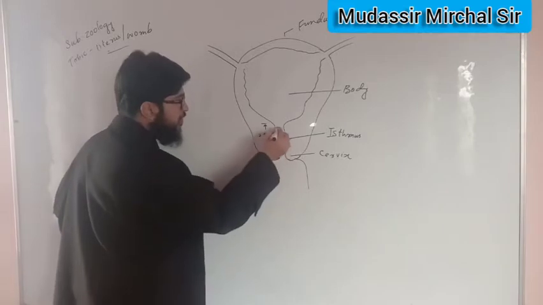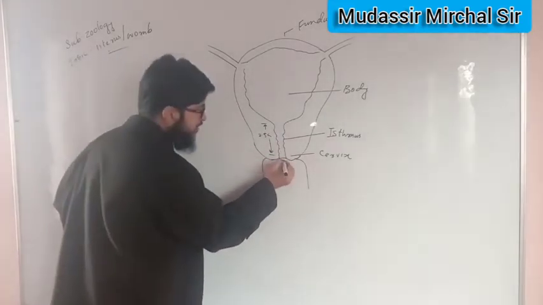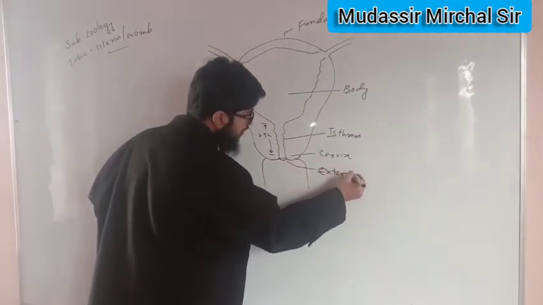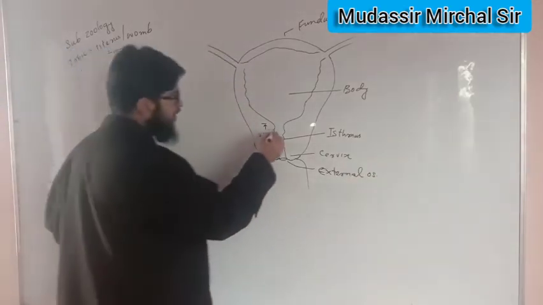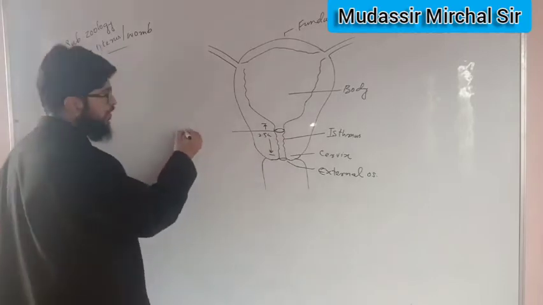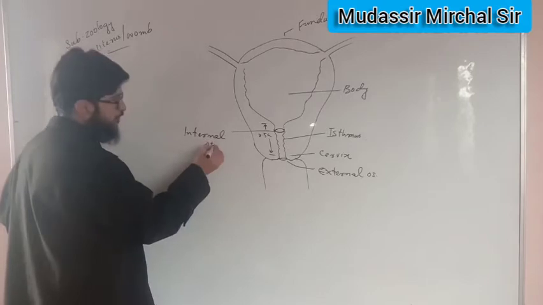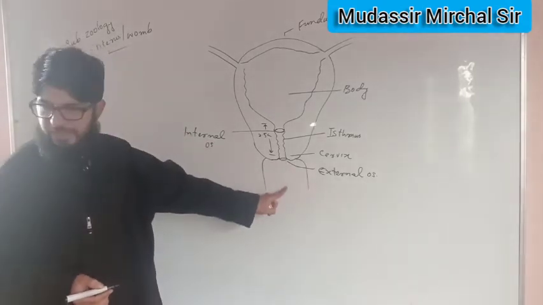It has two openings, one internal and one external. Okay. Look, this is the external os. This is the internal os. Os means opening. Internal os, external os. The external os opens into the vagina.